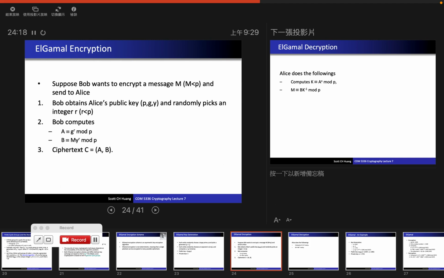This Y to the R can be regarded as the shared secret. From the point of view of Diffie-Hellman key exchange, this is a shared secret. And this shared secret is used as a blinding factor to blind the plaintext.